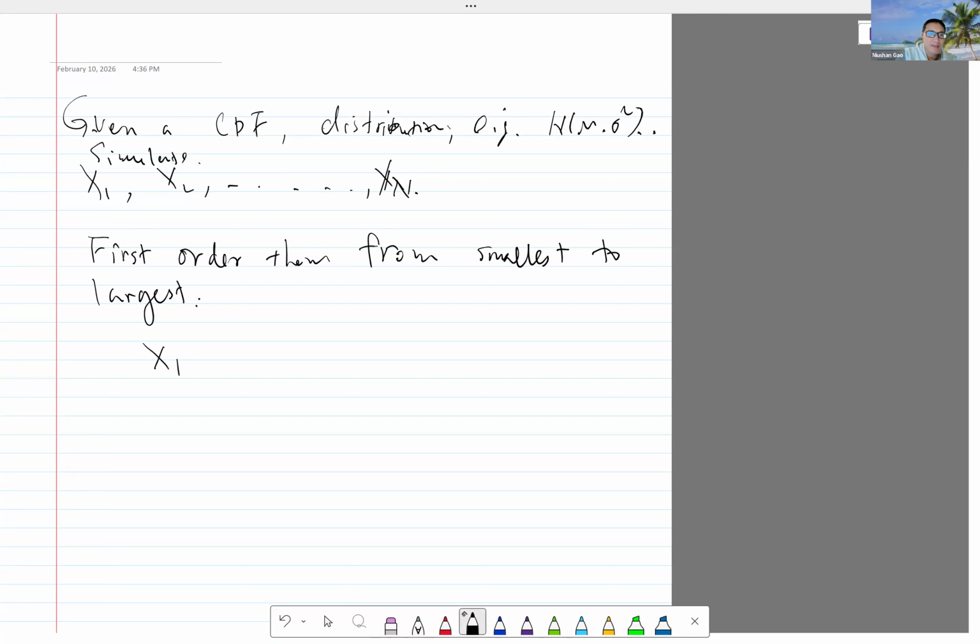Let's call it x tilde 1, x tilde 2. The same numbers, just reordered. When you simulate them, there is no order. I want to make sure that you are starting from the smallest to the largest.